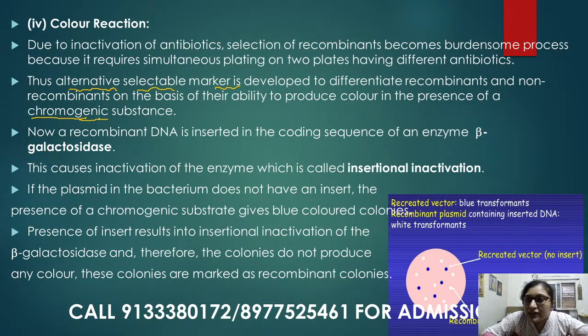If that gene is transferred along with the other genes present in the vector, and the vector contains a selectable marker which gives a color reaction in a particular medium, it can give colored colonies, so that you can select only those colonies from the master plate.